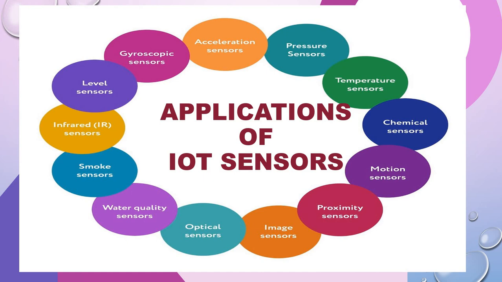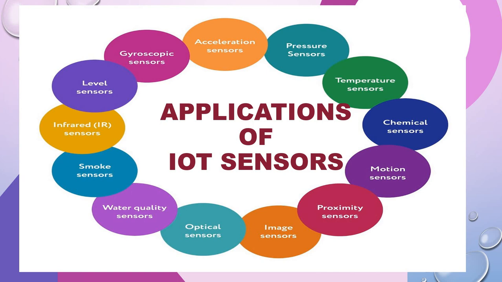In industries such as manufacturing and logistics, IoT sensors drive predictive maintenance, improve operational efficiency, and enable real time asset tracking. Healthcare benefits from IoT sensors by enabling remote patient monitoring, personalized care, and early detection of health issues.